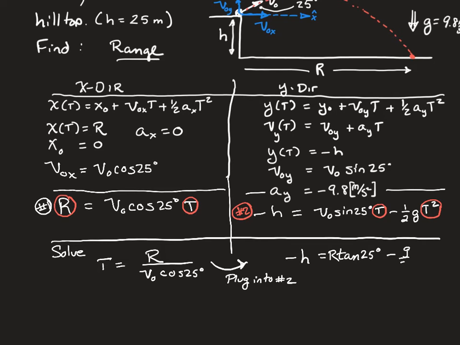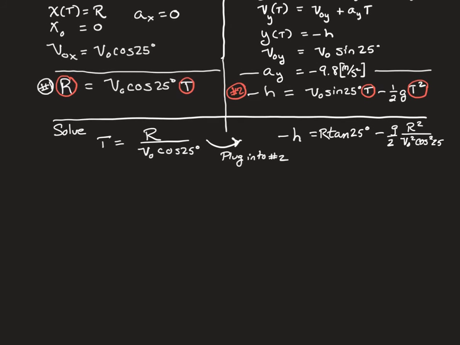So then we have minus g over 2, and I put that t squared in there. It's going to be r squared over v naught squared cosine squared 25. So I have a quadratic equation. I'm going to have to solve that quadratic equation in order to get my r, but essentially that's where I'm at. Now it'd be tempting to go ahead and solve that simply by the quadratic equation itself.